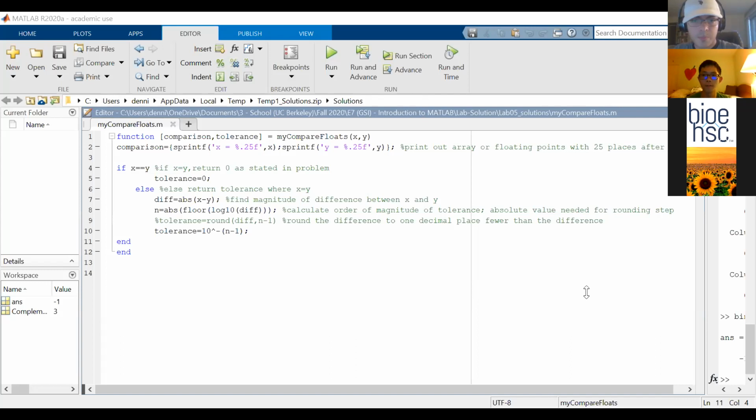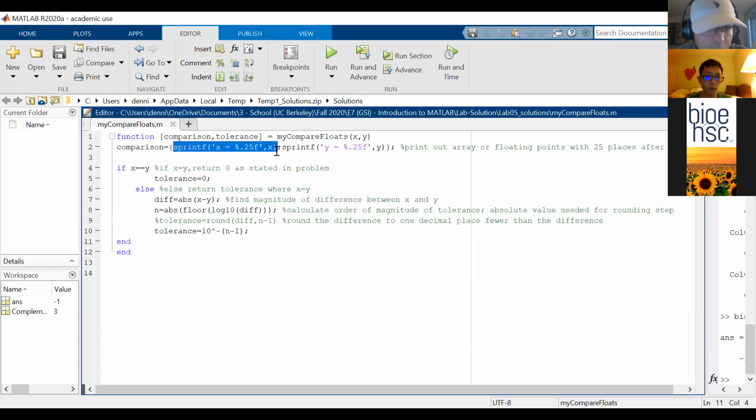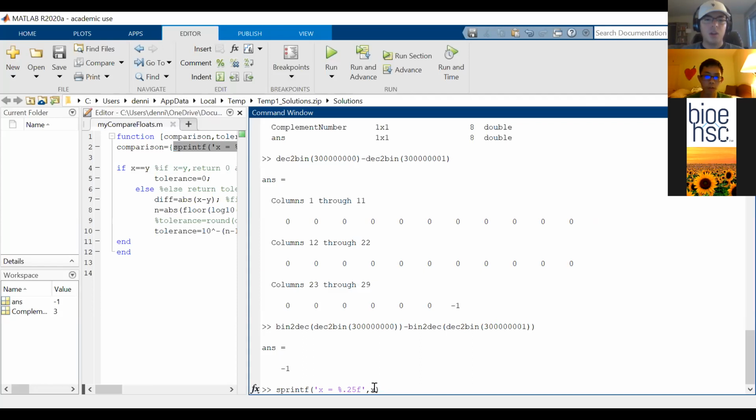So the %.25f, that is what shows the number in 25 digits. That's right. So the format, let me look for the right tool. Okay. Let's see what X we want to do. Oh, here it is.